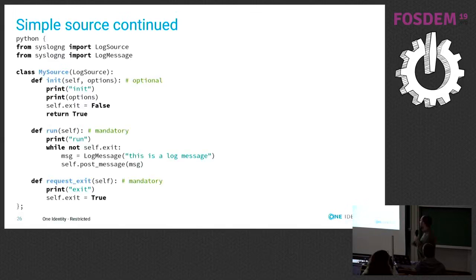This is used by the request exit method and here in the event loop of my Python code to exit once syslog-ng is reloaded or stopped. And here in this part we generate log messages, just a very simple text message, and send it to syslog-ng.